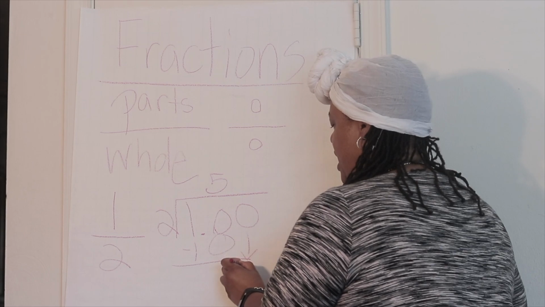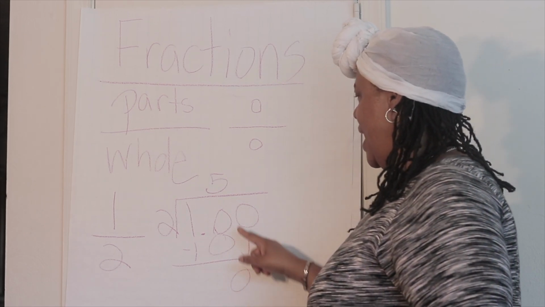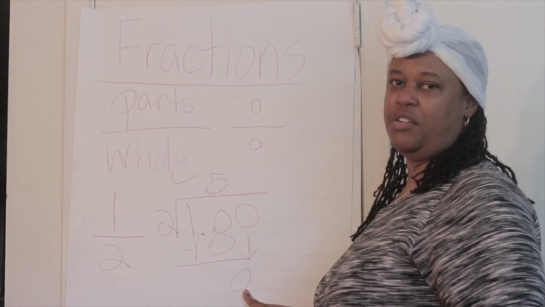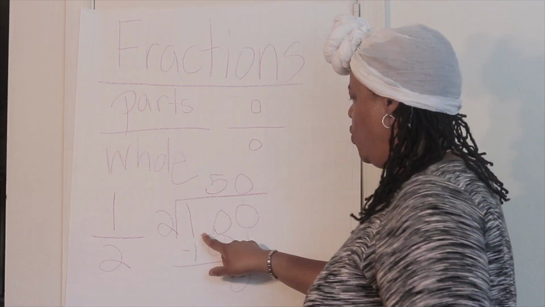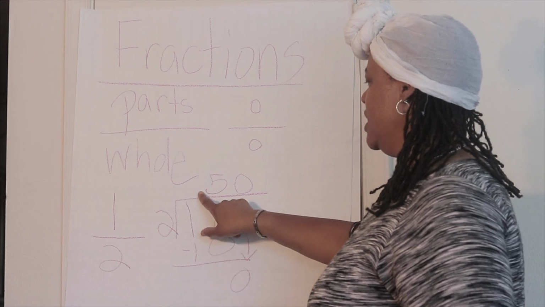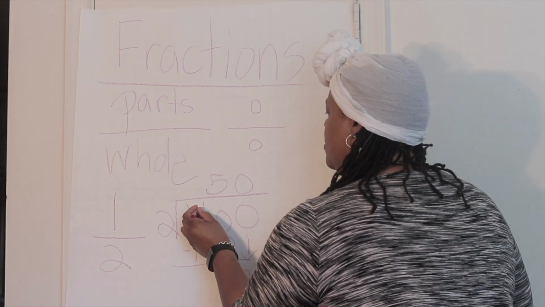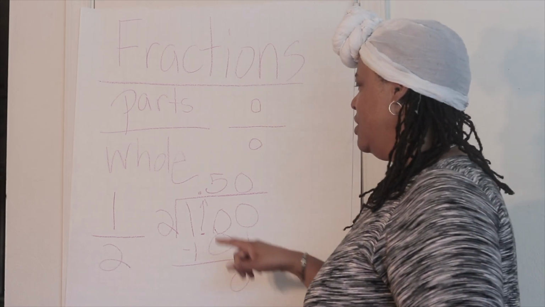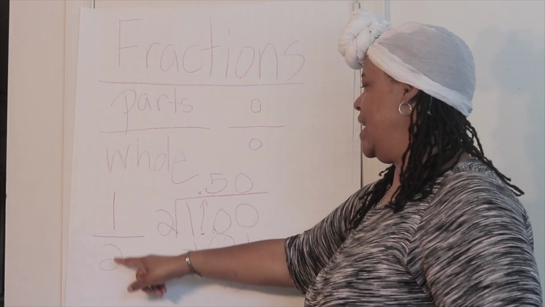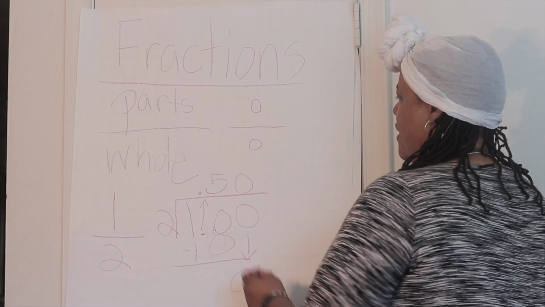Bring down the extra 0. How many times can 2 go into 0? None. We have a decimal here that must be brought straight up and placed in front of our answer. So our decimal for 1/2 is 0.50.